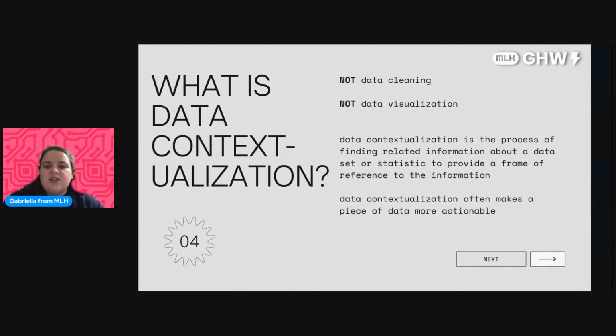Data contextualization often makes a piece of data more actionable, because when it provides a frame of reference, it allows people to see whether it is applicable to them and their community. Or if it's not, how can they do more research or gather more data to see if the findings apply to places closer to home, or answer any more questions they might have about similar data sets.